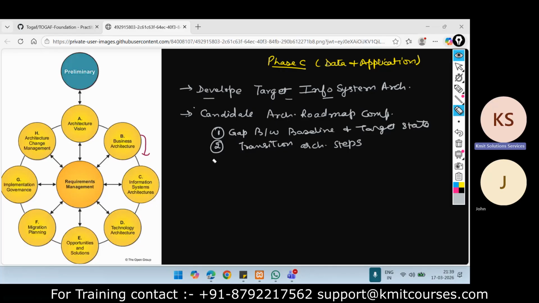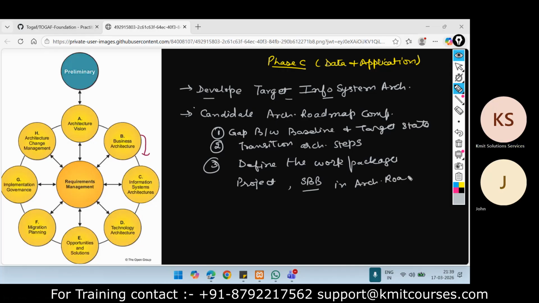So you need to define the work packages, your projects, and the solution building blocks, which are included in the architecture roadmap, which will be used further in our phase E.